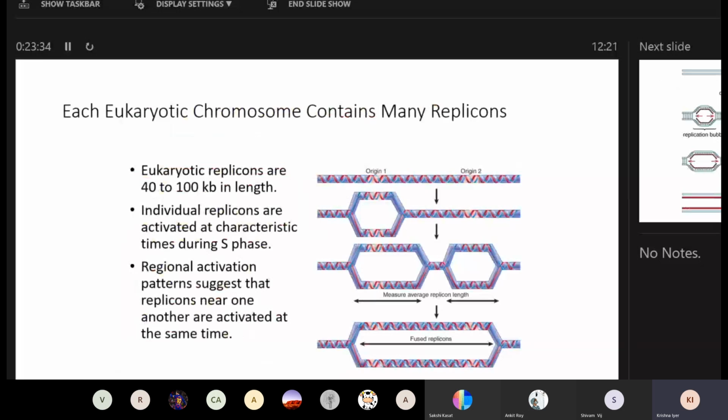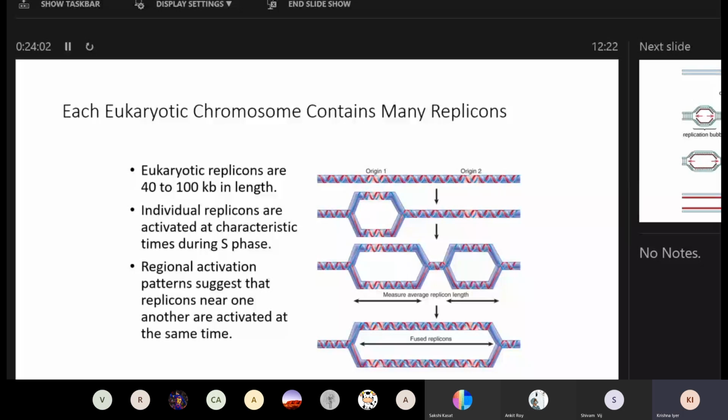Now, this is what I wanted to show. If this is our linear piece of DNA, what is actually observed is that when this DNA has to be replicated, and because our polymerases are generally slower, replication might start here, with one origin of replication and two forks moving in either direction.